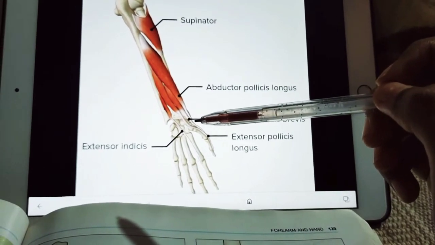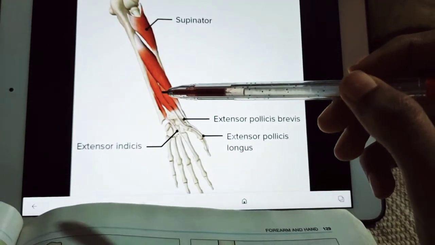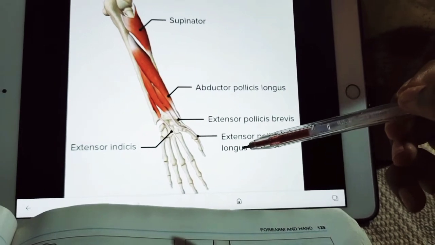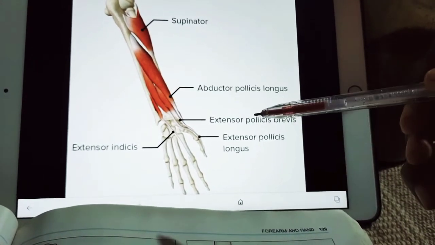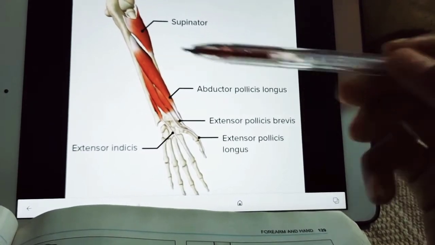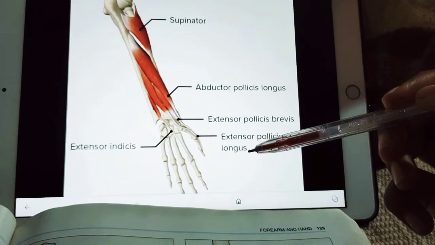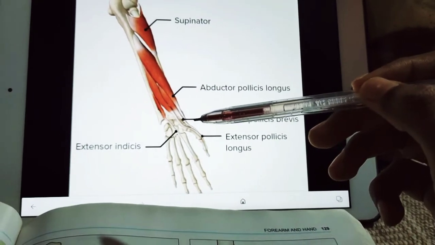Next, the extensor pollicis brevis. It gets its origin from the posterior surface of the shaft of the radius. So longus gets its origin from the shaft of the ulna, whereas brevis is from the shaft of the radius.